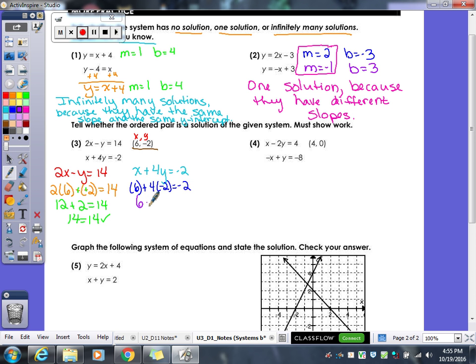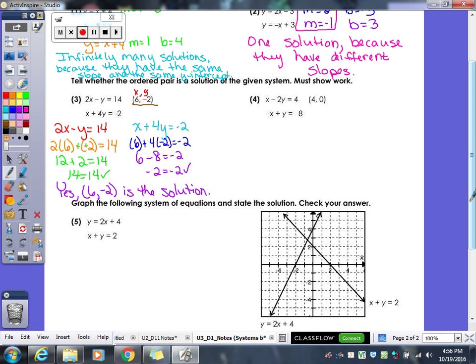So I get 6 minus 8, which does in fact give me negative 2. So yes, it checks out. It works in both equations, so we have to write yes, (6, negative 2) is the solution. And again, we know it's the solution because it worked in both of the equations.